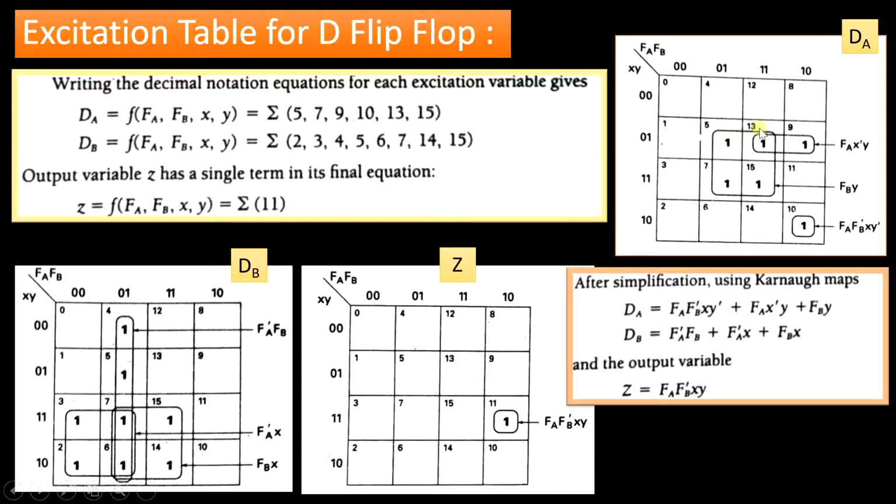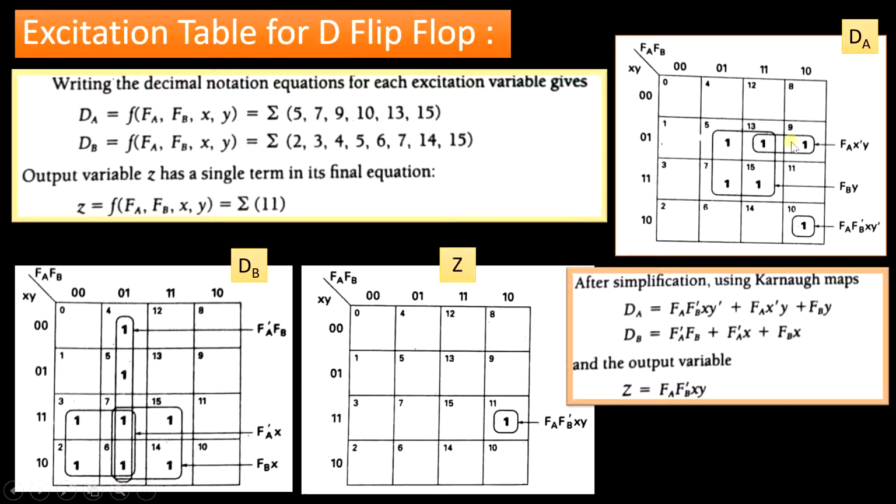And I am going to consider FA to be the MSB and Y to be the LSB. So if I am considering FA to be the MSB and Y to be the LSB, the order in which I need to consider the mapping of the decimal notations would be in the downward direction. That is because the MSB is here and the LSB is here.